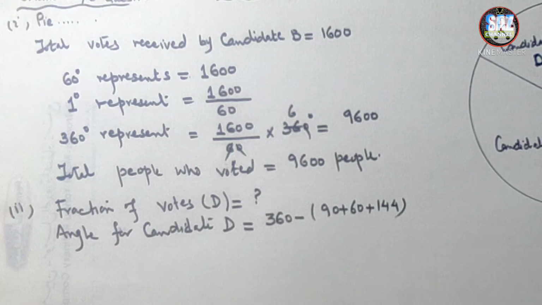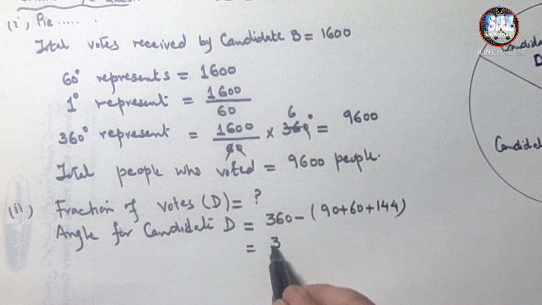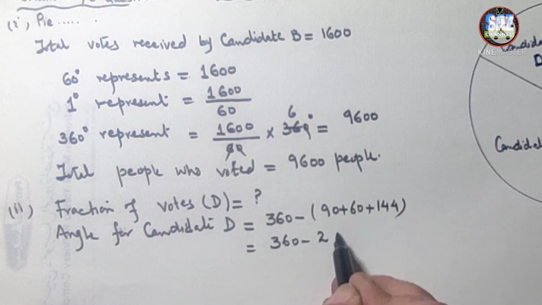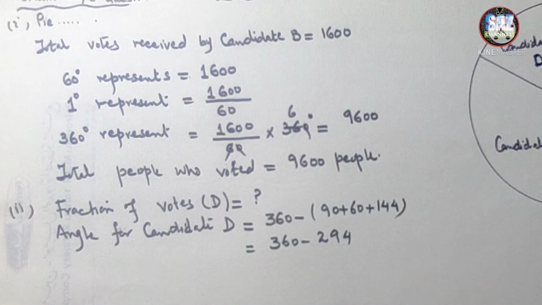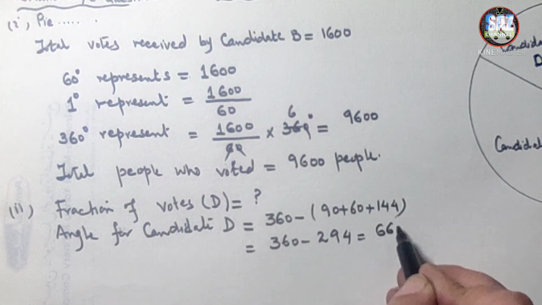Now let me add them up. 90 plus 60 plus 144 is 294. 360 minus 294 is 66 degrees, which we already calculated.